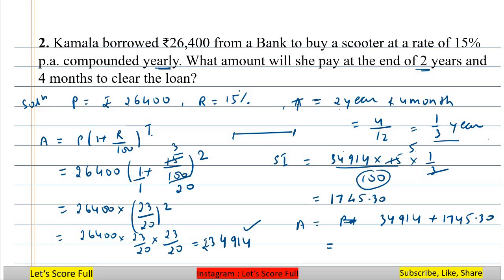So total she has to pay is 36,659.30. I think I made a calculation slip, this is 1745.70, so 36,659.70 is what Kamla has to pay to the bank after 2 years and 4 months.